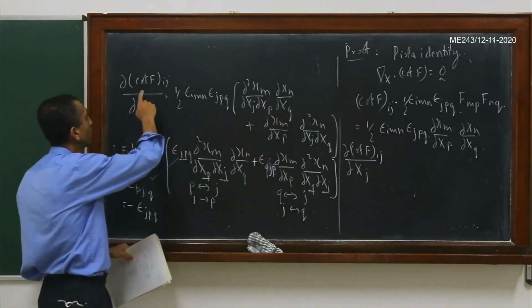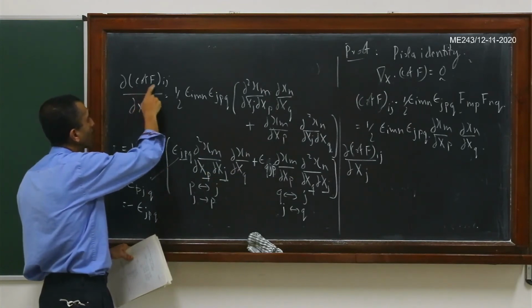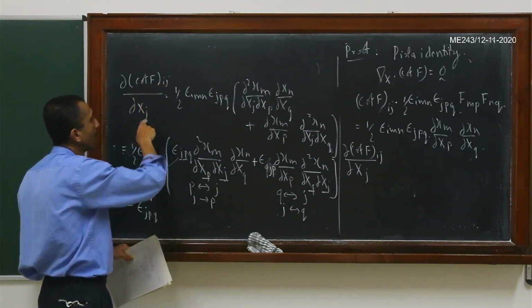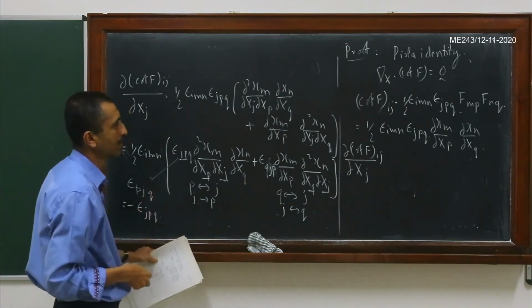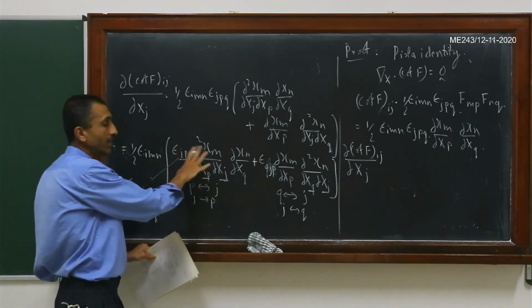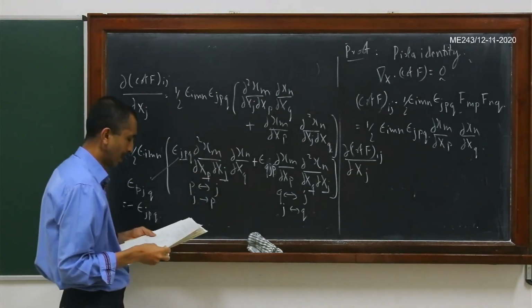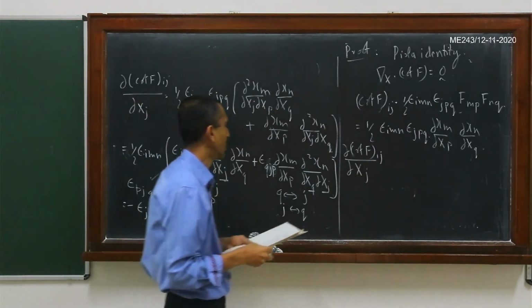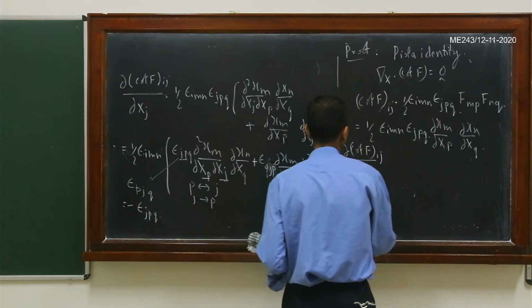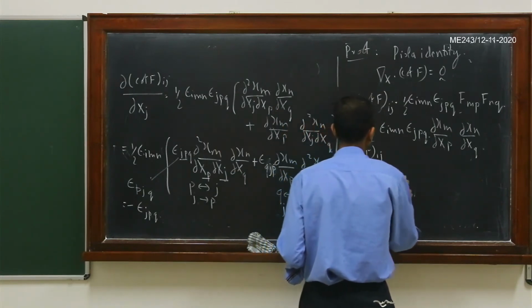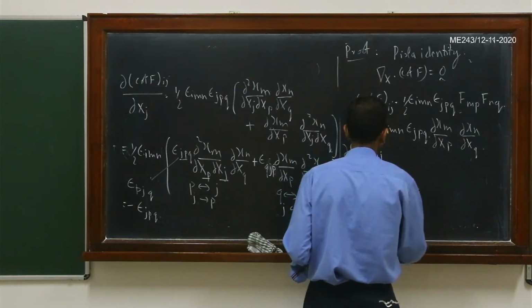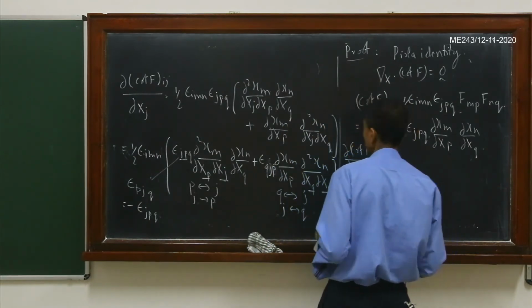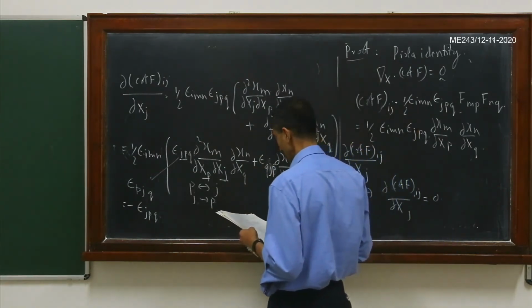So what we have shown is that del of cofactor f ij by del xj is equal to 0. It is just a manipulation of these indices on the alternate tensor, and that is how you get it. So we have shown this pure identity.